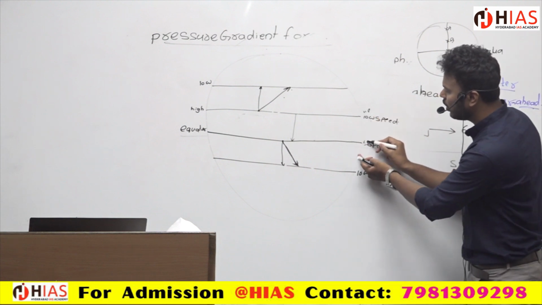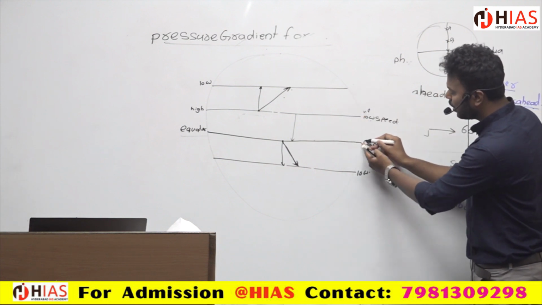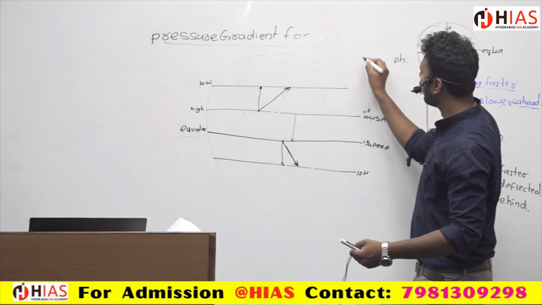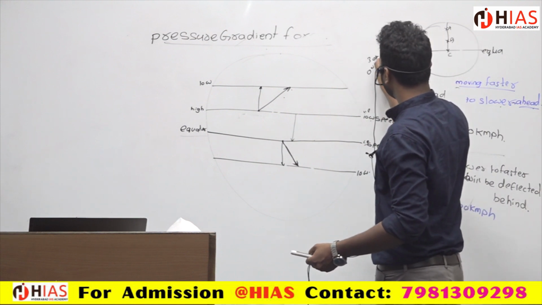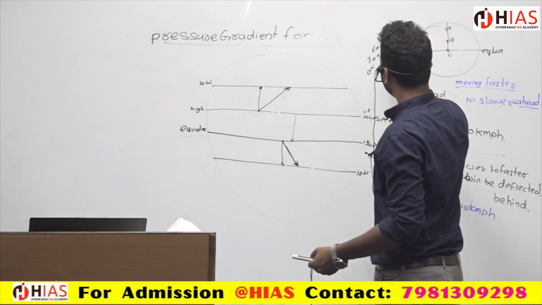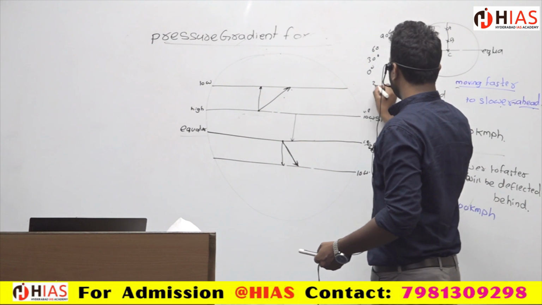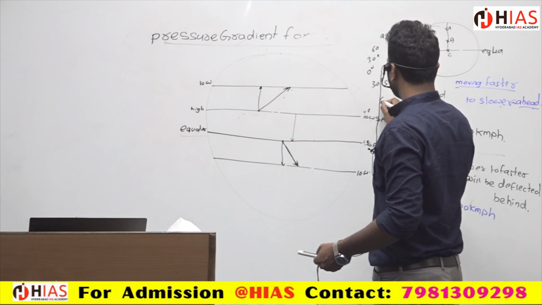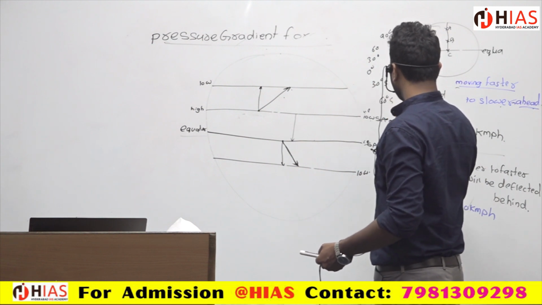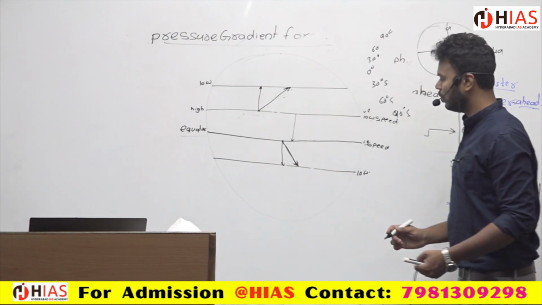Every time, we will be comparing two points, any two points. Maybe this one or this one, and we will be drawing 0 degrees, 30 degrees, 60 degrees, 90 degrees north. Similarly, 30 degrees south, 60 degrees south, 90 degrees south.